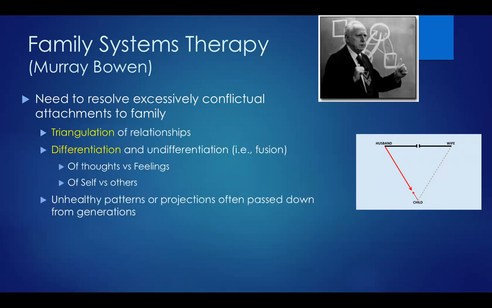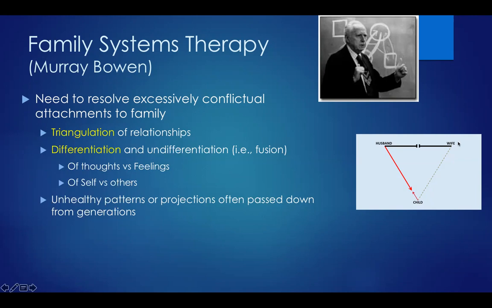So, triangulation, again, is when two people end up creating a triangle with a third person. And usually, this is done to relieve any sort of difficulties that are happening between the two people. So here's an example. Again, this is a husband, a wife, and a child.